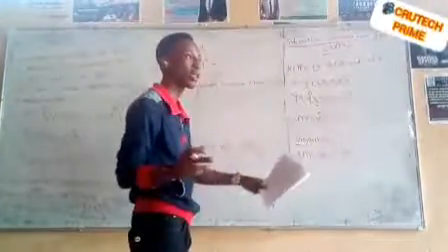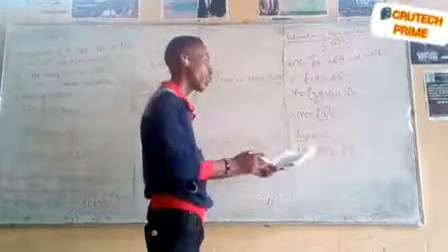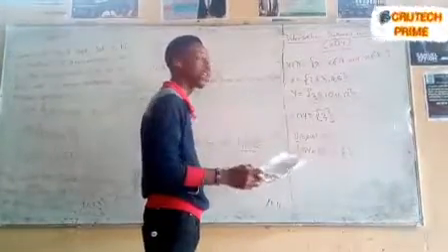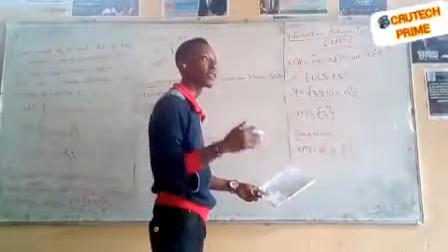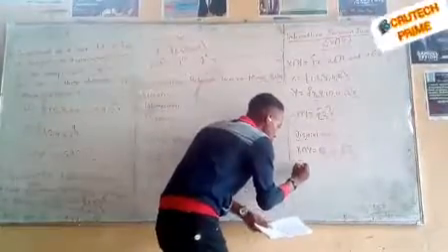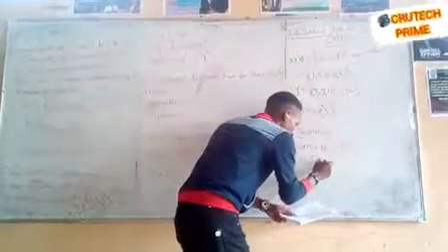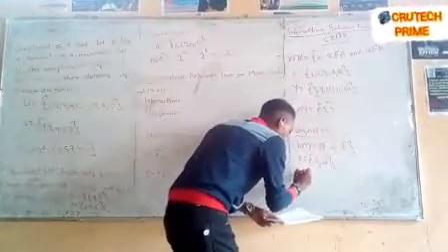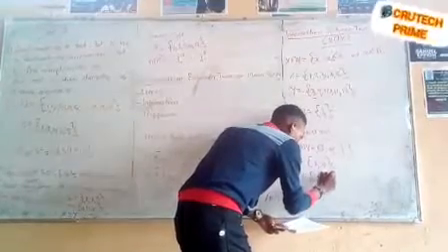Now let's take elements of X and Y, for instance, that make them a disjoint set. When trying to find the intersection, you get a disjoint set, which is an empty set. Let's say X equals 2, 4. Y equals 3, 5.